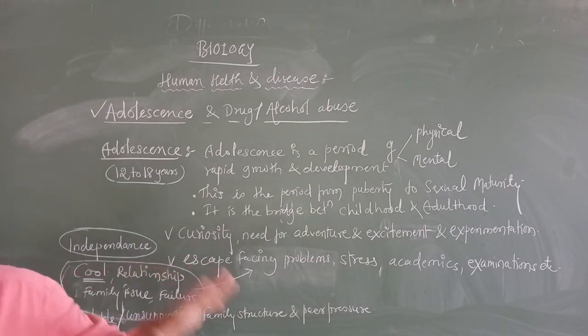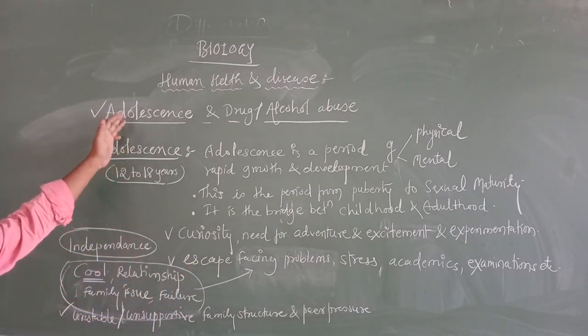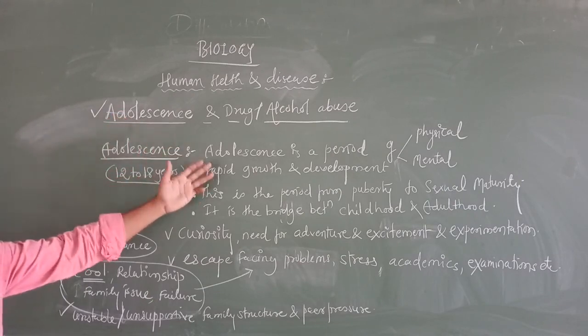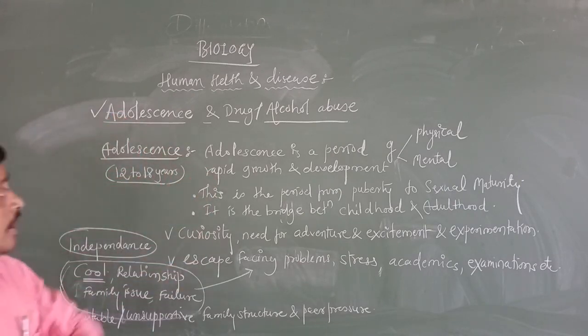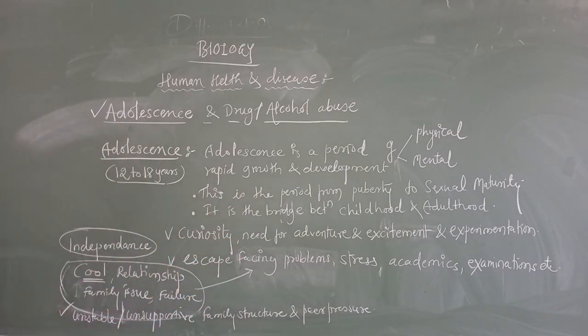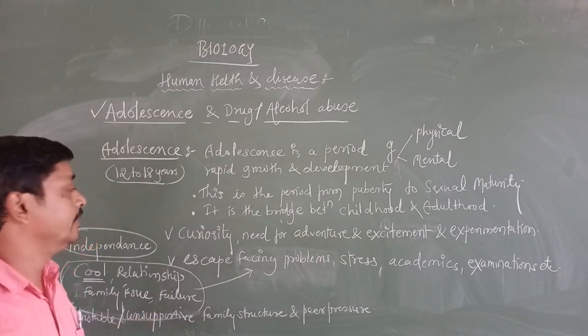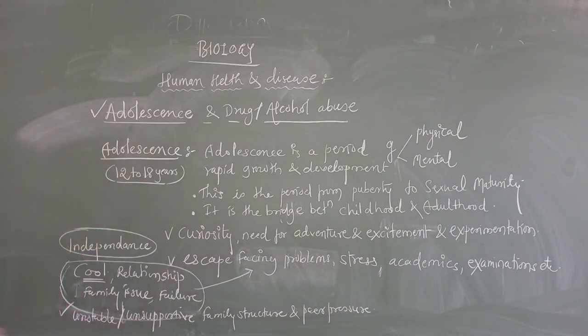Now, in this particular point, what have we studied? What is adolescence, the definition of adolescence. Adolescence is a period of rapid growth and development, physically and mentally. This is the period from puberty to sexual maturity, and it is also the bridge between childhood and adulthood.